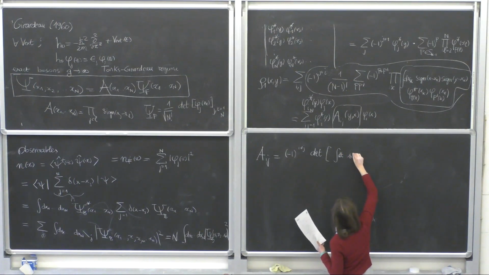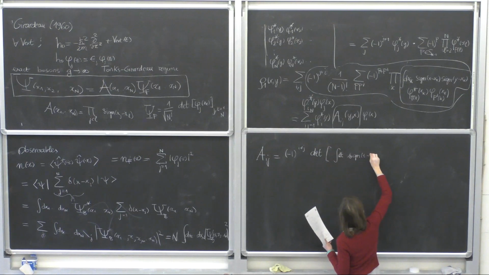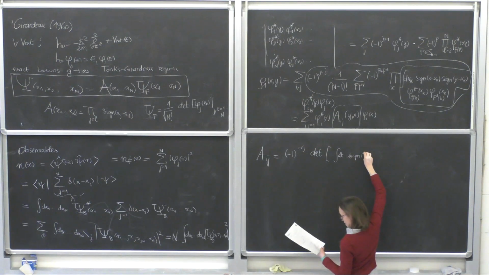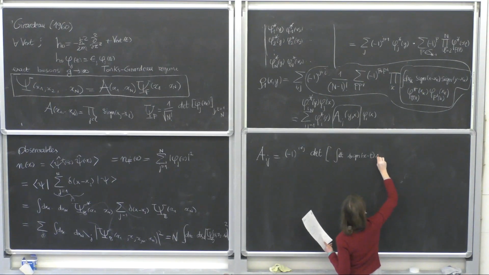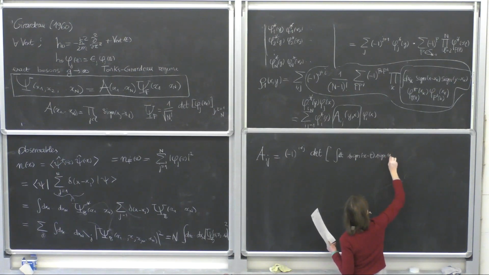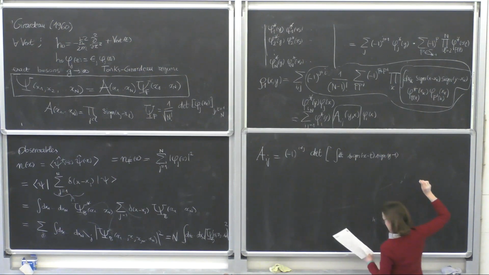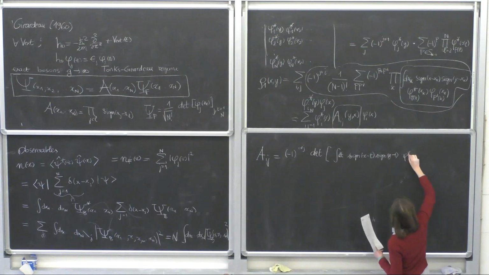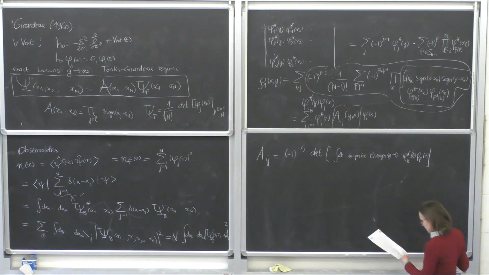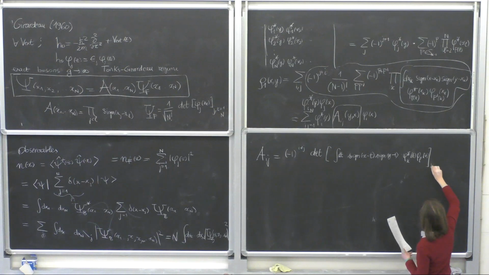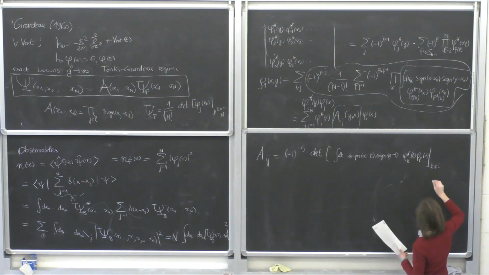Then I have these two signs: sine of x minus t, sine of y minus t, times phi star k of t, phi l of t. And in this determinant, I have to take k different from i and l different from j.